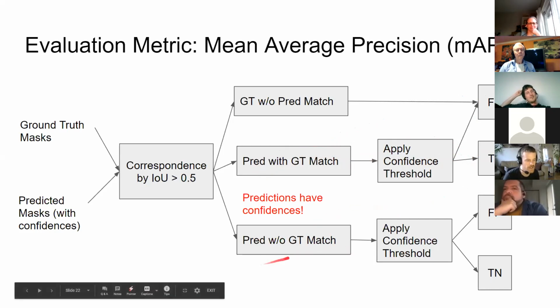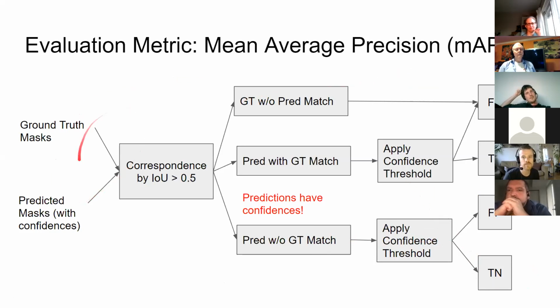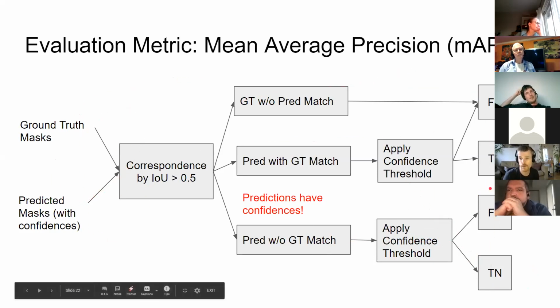And then finally, our predictions that didn't have a match, so we shouldn't have said this. If it still comes through after the threshold, this is a false positive. But if we suppressed it with our threshold, this is then a true negative. And given a threshold, we can take anybody's predictions and sort them into these 4 bins.